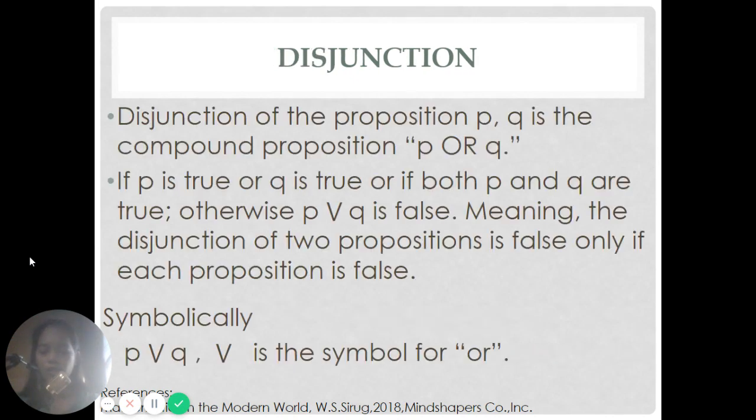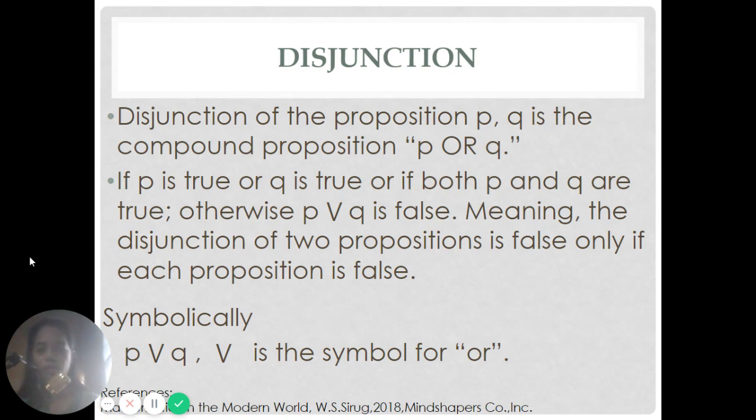How about disjunction? The disjunction of the propositions P and Q is the compound proposition P or Q. Meaning, if P is true or Q is true, or if both P and Q are true, then we can say that the disjunction of the propositions is true.